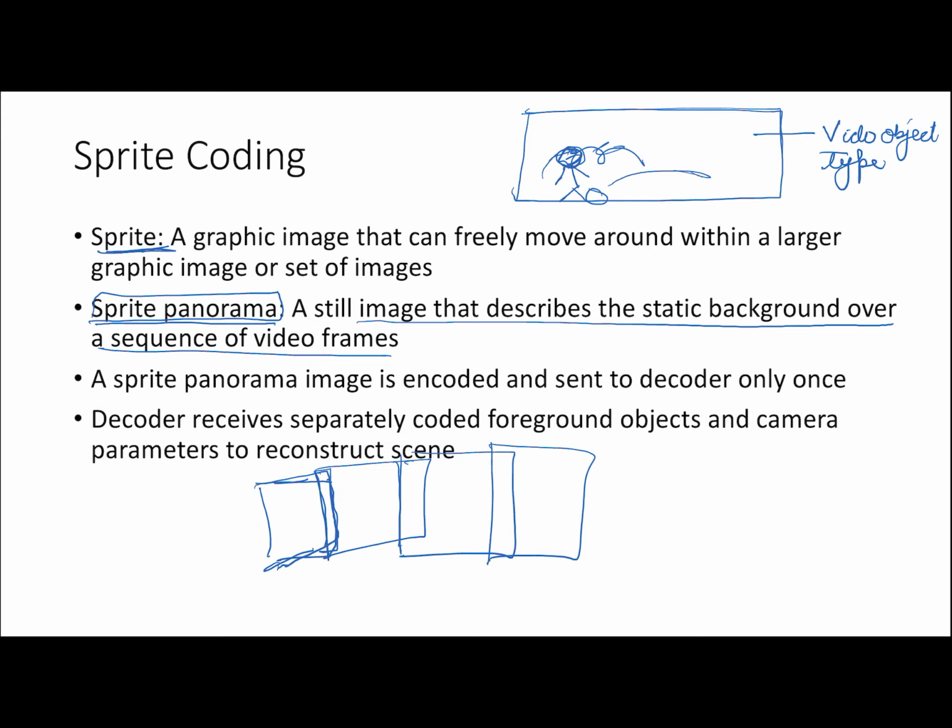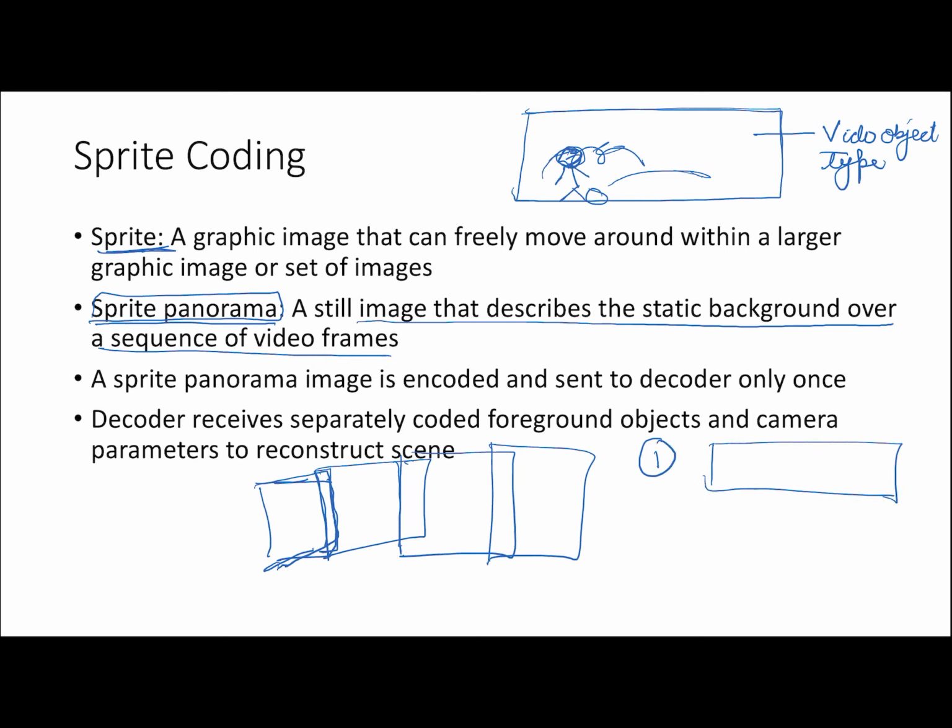Once we have this large sprite panoramic image, it can be encoded and sent to the decoder only once at the beginning of the sequence. Now when the decoder receives separately coded foreground objects and parameters describing the camera movements thus far, it can efficiently reconstruct the scene.